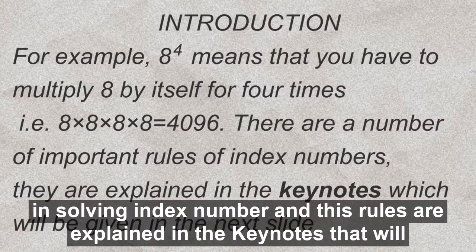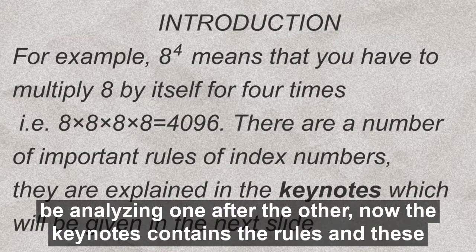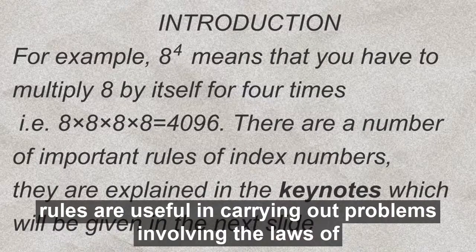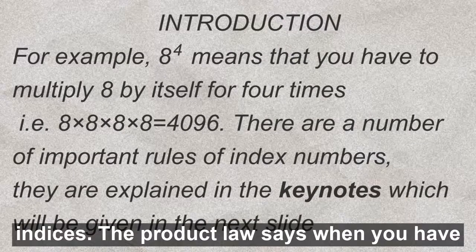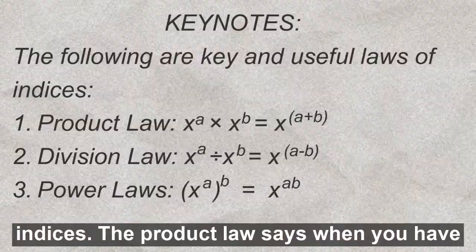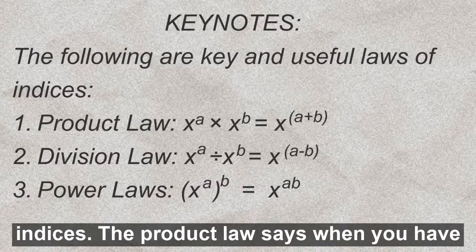Now there are a number of important rules that we need to take note of in solving index numbers, and these rules are explained in the keynotes that we'll be analyzing one after the other. Now the keynotes contain the rules, and these rules are useful in carrying out problems involving the laws of indices. We are going to look at the first rule. The first rule is the product law.